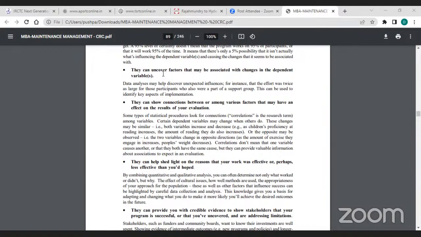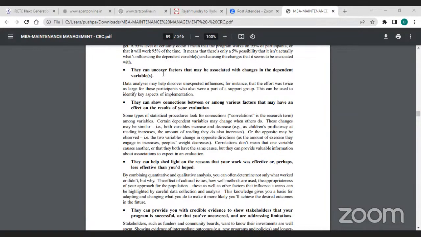The factor that is continuously changing is considered a variable. Whenever we are analyzing the data, we have independent variables and dependent variables. So we'll try to see how the dependent variable is affected by the changes in the independent variable.